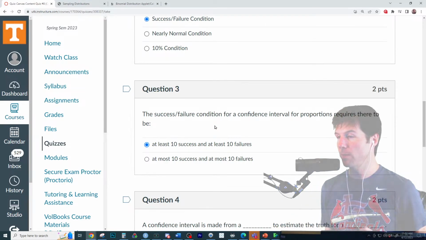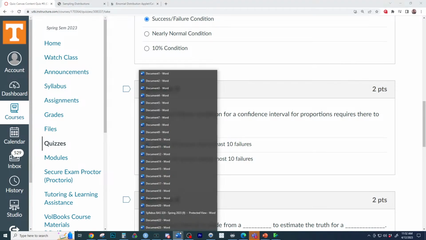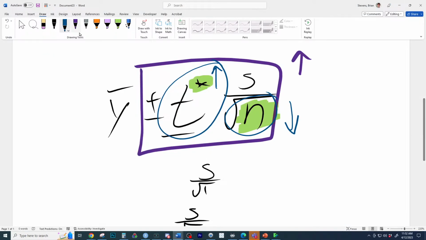A confidence interval is made from a what to estimate the what for a what. Well, this is a good phrase to know. We always make a confidence interval from a what, and you can see it in the formula. Now that's a mean, one of these.